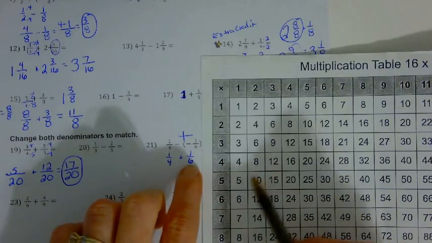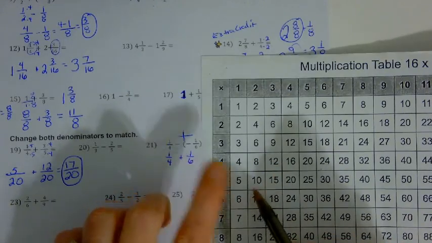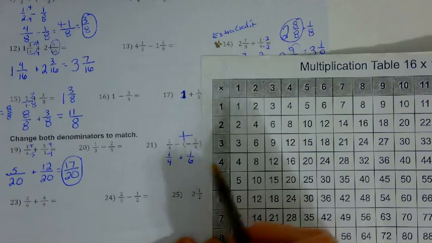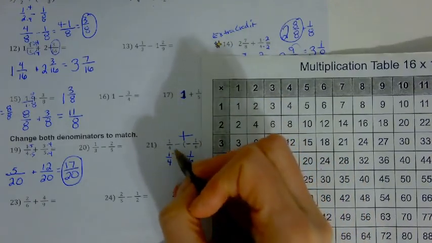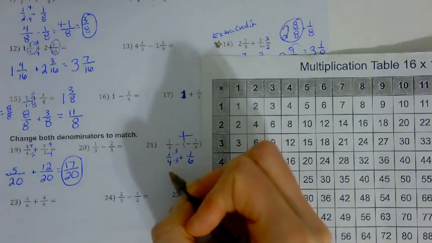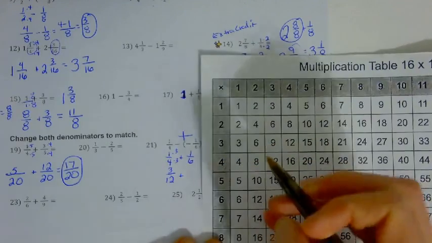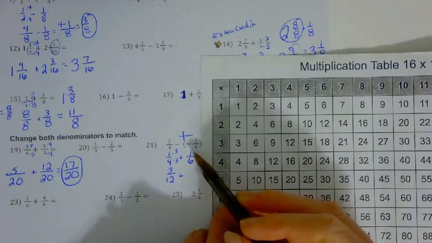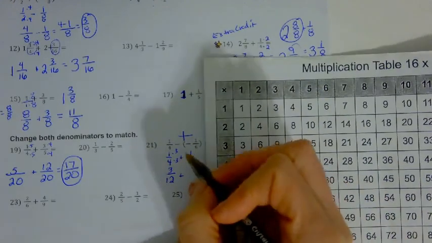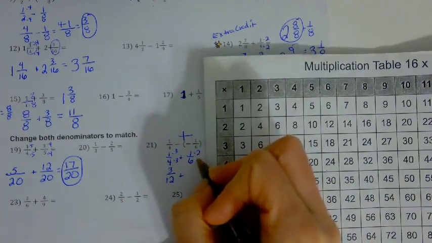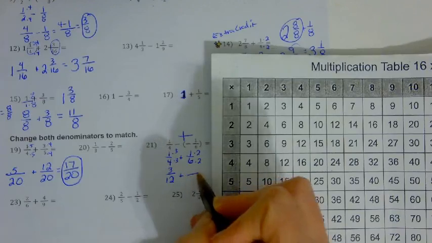How are we going to do that? Well, to change fourths into 12ths, we multiply by 3. So I'll multiply top and bottom by 3. We get 3 over 12. Now remember, we can also change the 6 into 12. So we can multiply 6 by 2 to get 12. So I can multiply this top by 2 and this bottom by 2 to get 12ths on the bottom. 6 times 2 is 12.